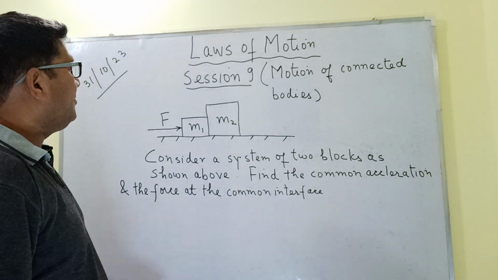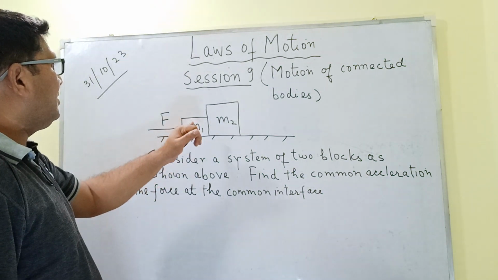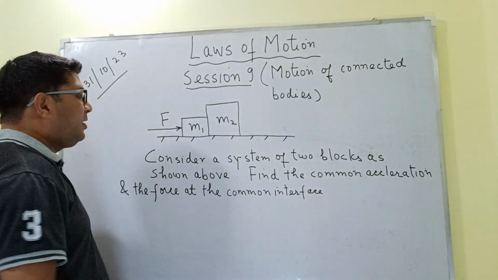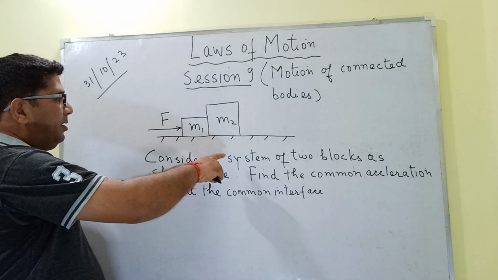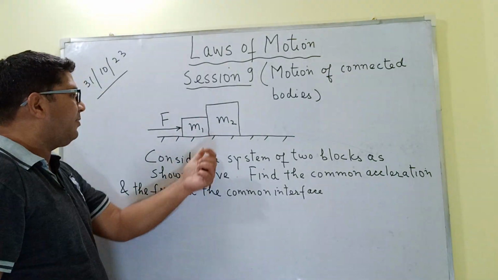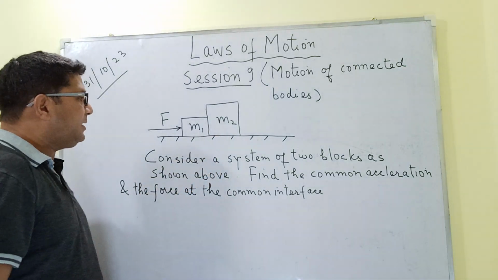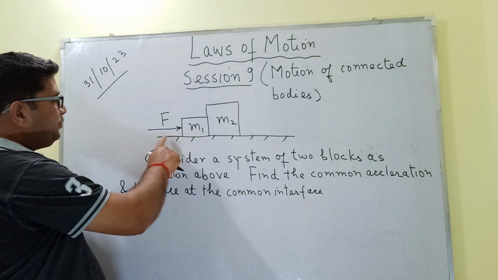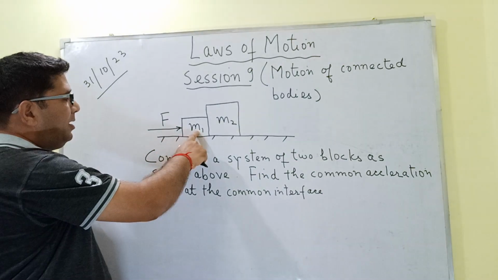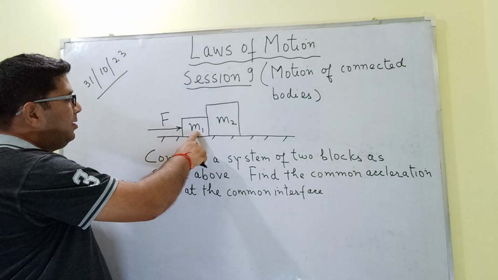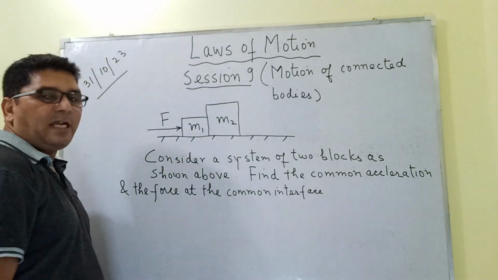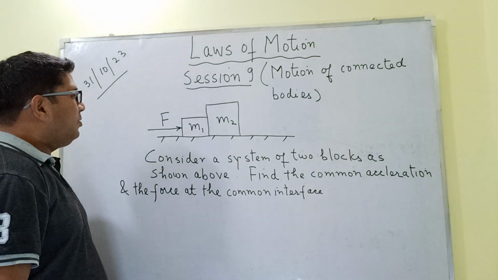So, in this session, we will be discussing the motion of connected bodies. On this board, I have taken up one case in which a force F is applied to a block of mass M, and these two blocks are in contact with each other.